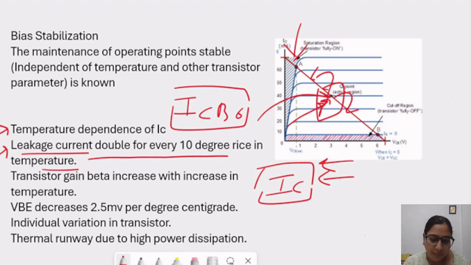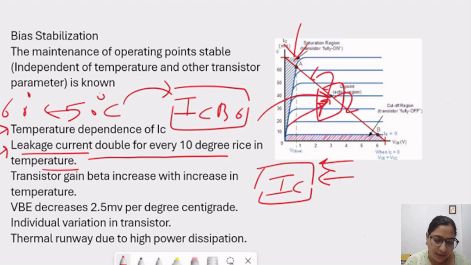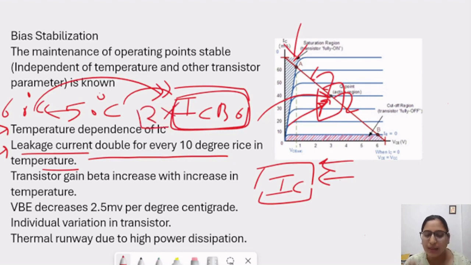So if temperature is 50 degrees centigrade and ICBO has some value, when the temperature becomes 60 degrees centigrade, this ICBO doubles. It means whatever the value of ICBO is, it is doubled in that manner. And if this ICBO is doubling, it means the output characteristic or IC will change. So first one is the temperature dependence of collector current, second one is leakage current.